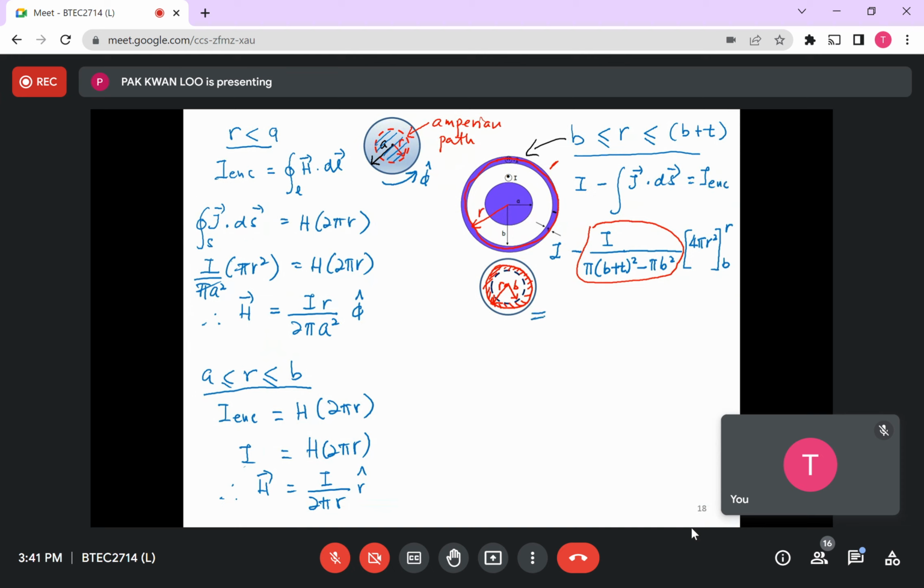So the current enclosed will be pi (2bt plus t squared), and here will be 4 pi.